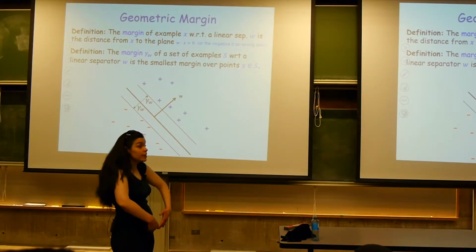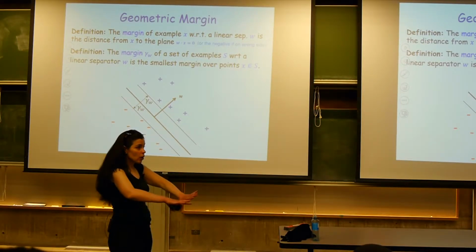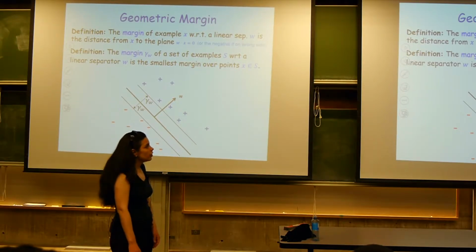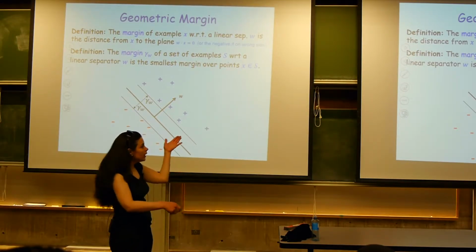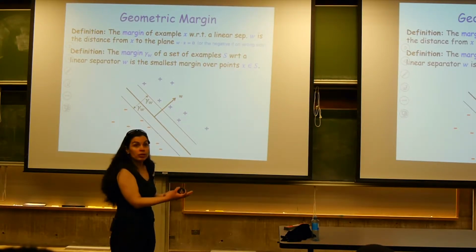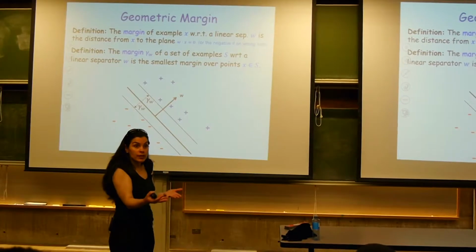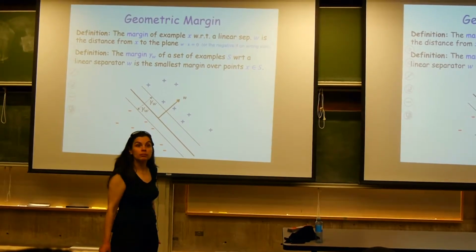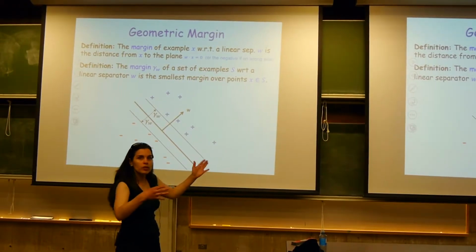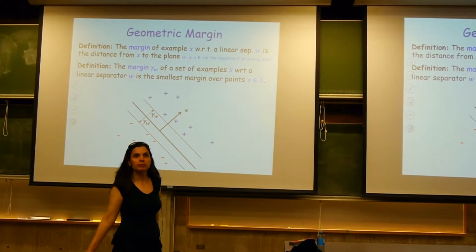Cool. Now that's for a fixed point X. If I'm given a set of samples, a training set, then the margin of my set S with respect to a linear separator specified by normal vector W is just the minimum margin over all points x in S with respect to that separator. Natural, right?